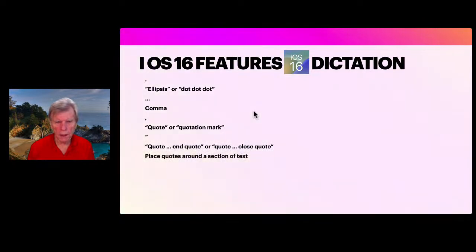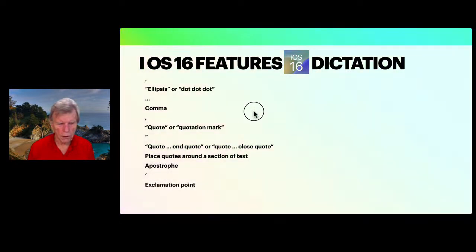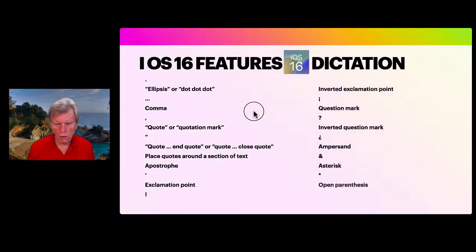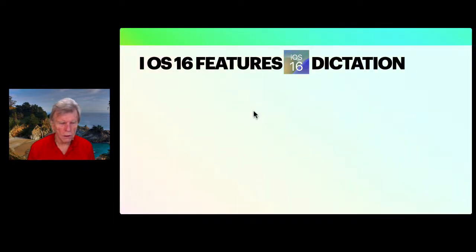You can say quote to begin a quote and end quote to end a quote, or close quote to end the quote. Apostrophe, exclamation point, and you can do inverted exclamation point, question mark, inverted question mark, ampersand, asterisk, open parentheses, close parentheses, there it is, open bracket, close bracket, dash or hyphen.